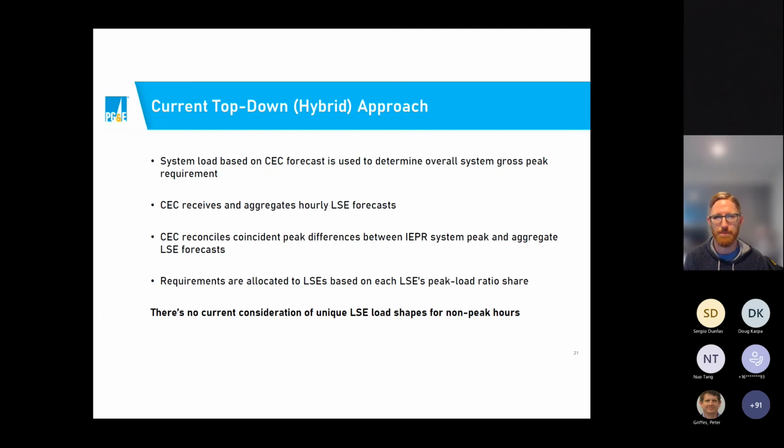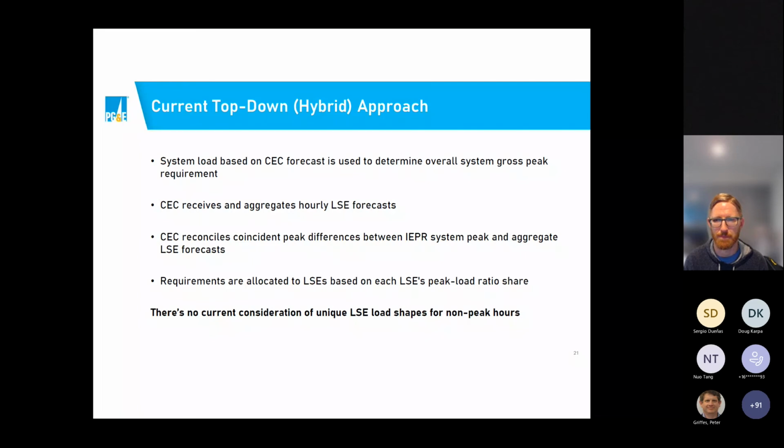First they have to iron out differences in plausibility to make sure that they have an accurate forecast from the LSE. And then they do a coincident adjustment, and that is to ensure LSEs with quite different load shapes do not get burdened with an overly large amount of RA requirements. So that's something that's been in place for a number of years now.